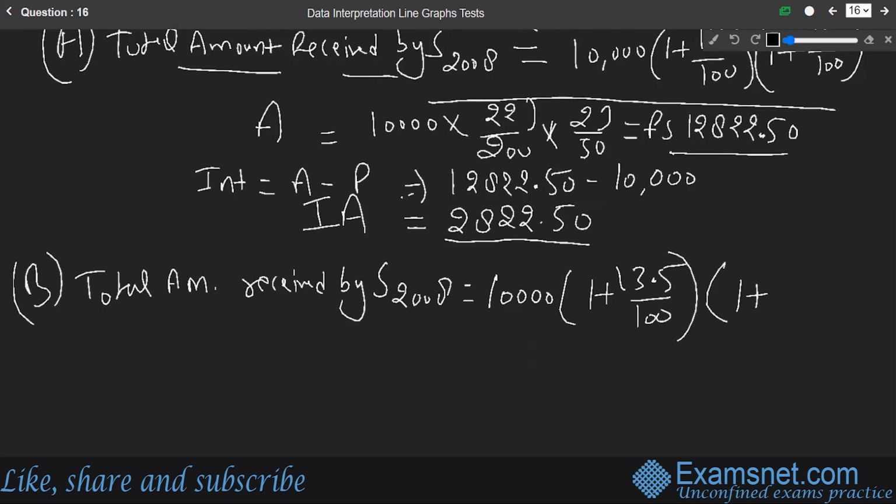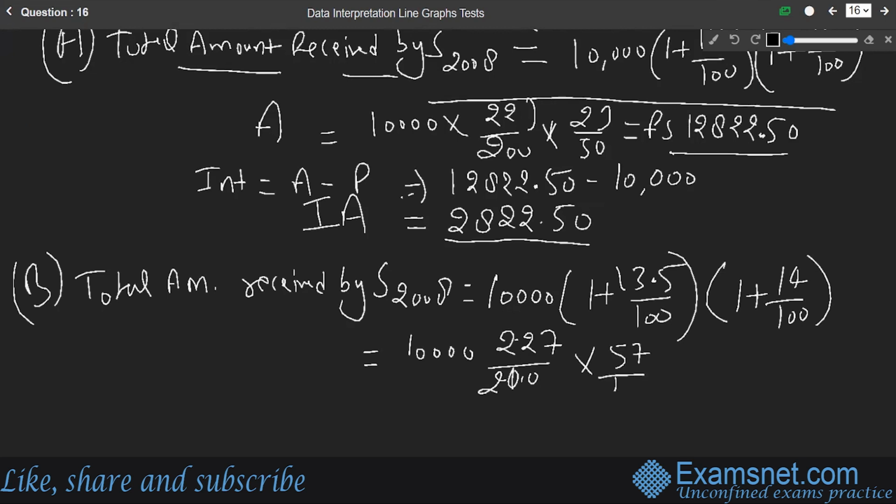So the next time around the rate of interest became 14, so 1 plus 14 by 100. If you solve this further, this comes out to be 10,000 times 1 plus 13.5 by 100 becomes 227 by 200, multiplied by 1 plus 14 by 100 becomes 57 by 50. If you solve this, it comes exactly equal to 12,939 rupees. This is the total amount received.